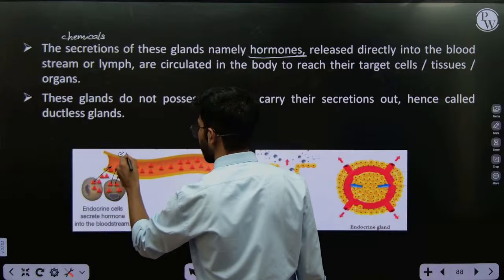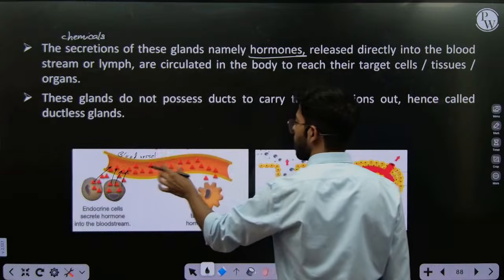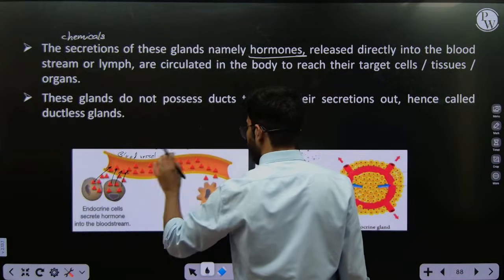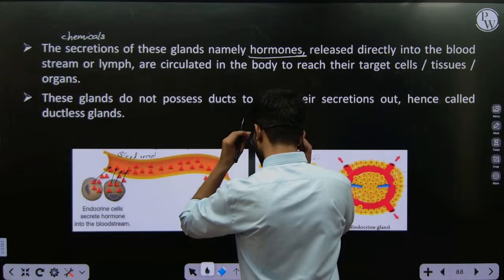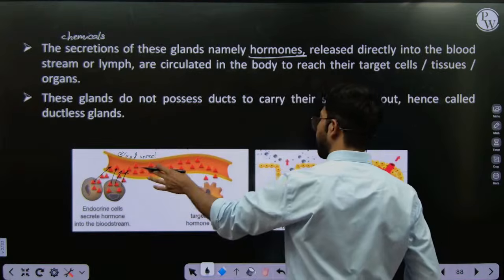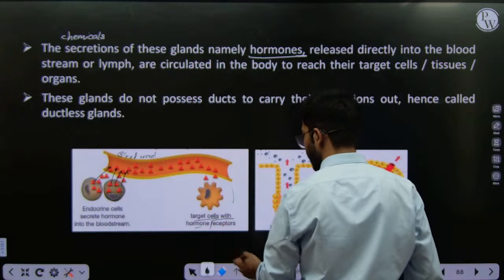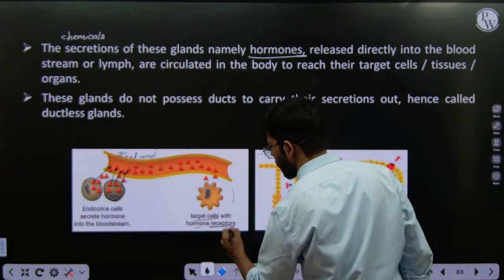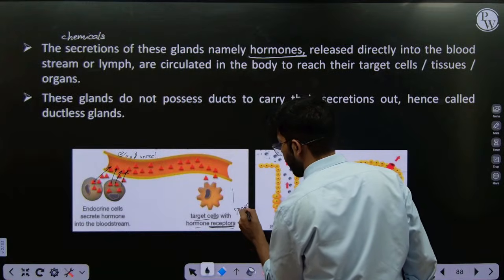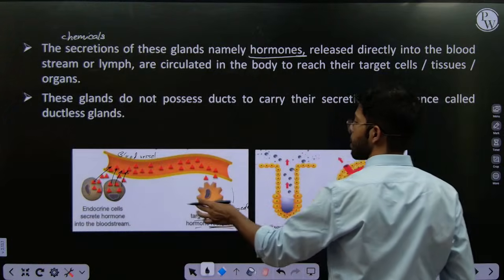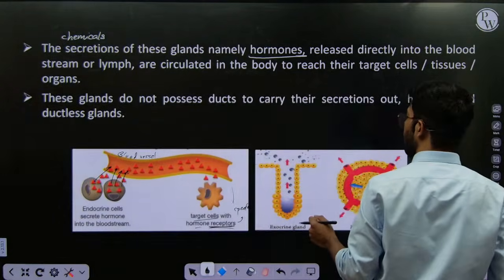This is the blood vessel. Blood is flowing through the circulatory system, because the heart is pumping the blood 72 times per minute, so they can reach the target cell, because the target cell has receptors. Each receptor is specific for a specific type of hormone.